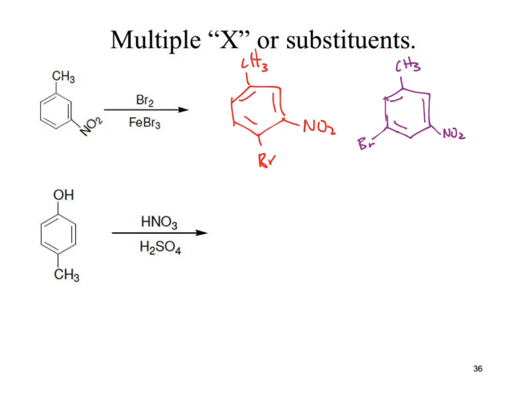If it does not act as a nucleophile because there's something withdrawing, what happens to the speed of the reaction? Slows down, doesn't happen. So one thing prevents the reaction from happening, the other thing allows the reaction to happen. Which one do you think is going to dominate? The activator.